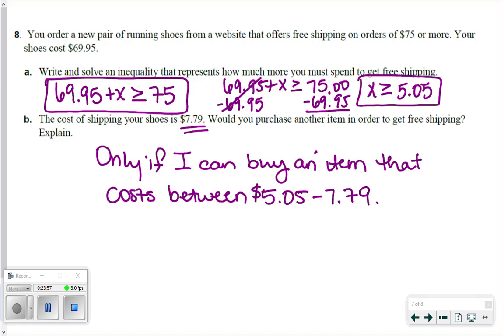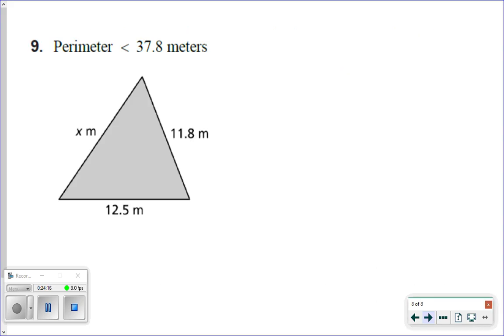So I want to spend more than $5.05, but no more than $7.79. If not, I'll just pay for the shipping. So it's really something in between there is really where I get the best deal, and I still get some extra item, but then I don't have to pay for the shipping on it, and that's kind of the sweet spot right there. Okay. All right, last one.